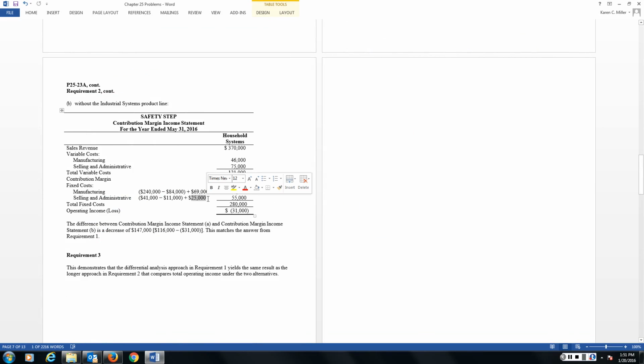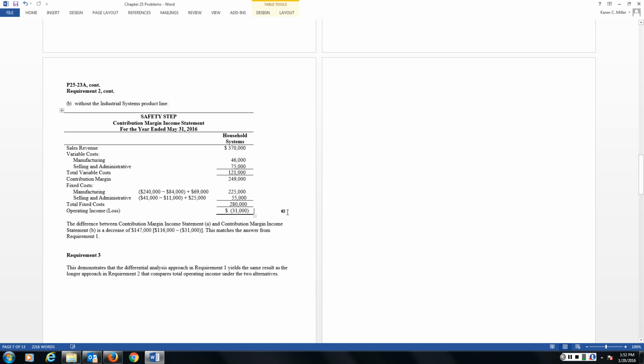But what does change is the $240,000 in fixed cost for industrial can be decreased by $84,000, and the $41,000 in fixed cost for industrial can be decreased by $11,000. So we have the remainder as unavoidable fixed costs that still have to be covered by household because industrial no longer exists.